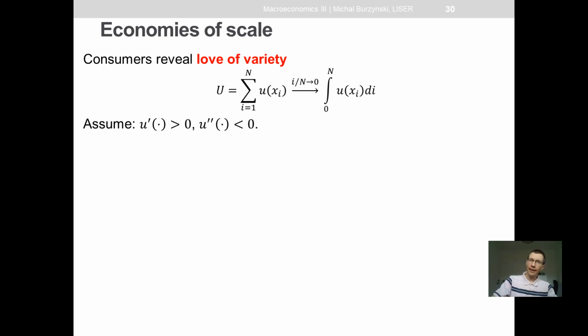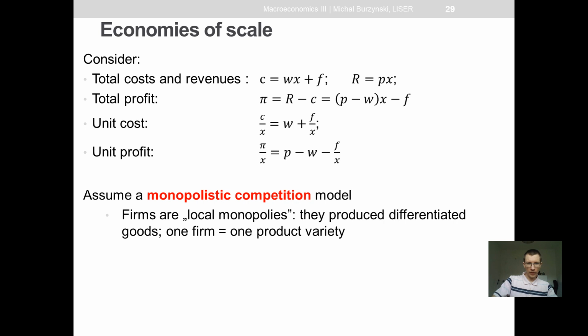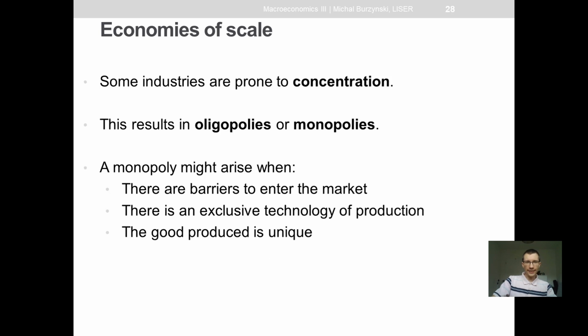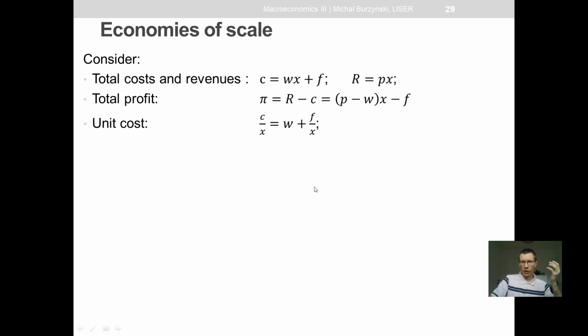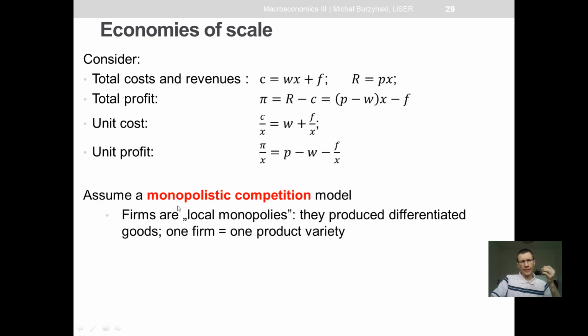This means that the property of uniqueness of the goods produced by different monopolistically competitive firms is not very strong. Because the goods are very close substitutes to each other, this uniqueness of the product is not a very strong feature of the market, which means that in fact we are very close to perfect competition.